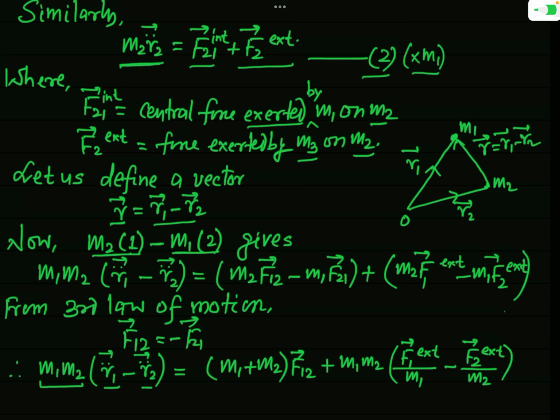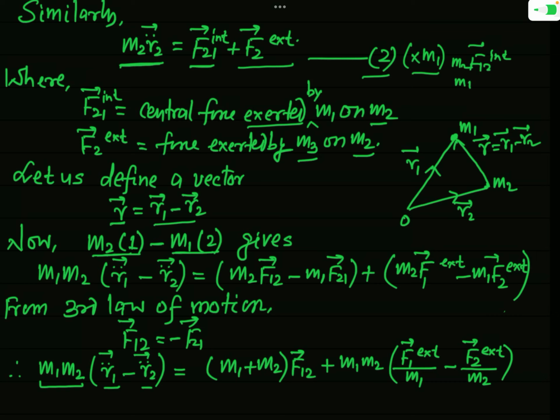And again see, the first term in the RHS of equation 1 is what? That is F12 internal, and you have to multiply it by M2. And the first term in the RHS of equation 2 is F21 internal, and we have to multiply it by M1.